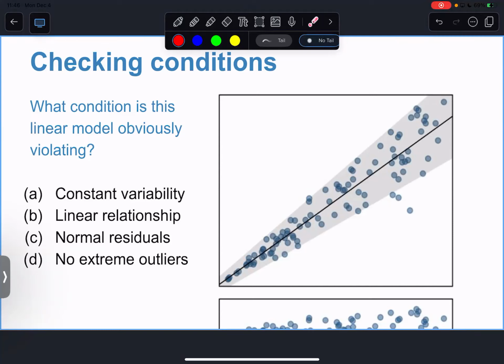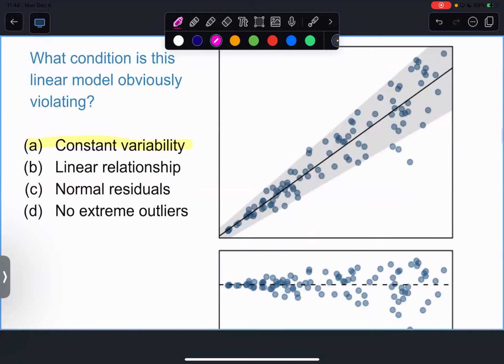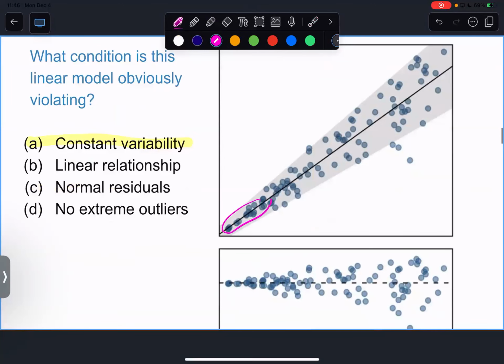I'm going to give it away. This is violating. If I have a relationship that looks like this, it is violating the constant variability condition. Okay? So we need to have even scatter around the line because otherwise this line does an excellent job predicting for a short amount of time, right?